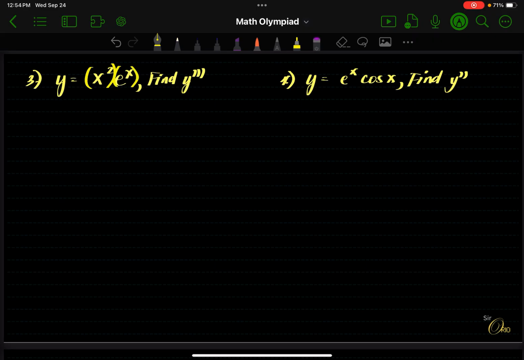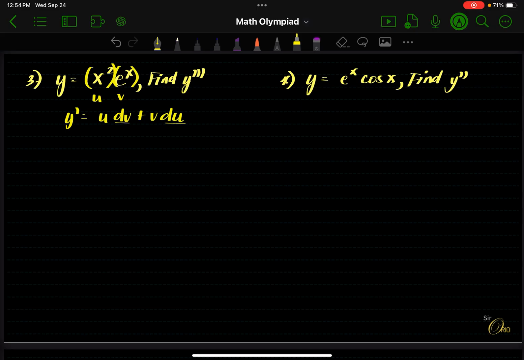We're going to apply the u and the v product rule. That is y prime is equal to u dv plus v du. So the x squared is our first function or u, and e raised to x is our v function.